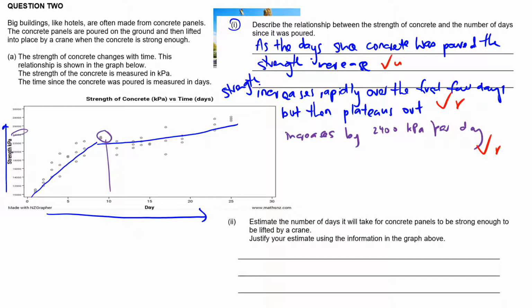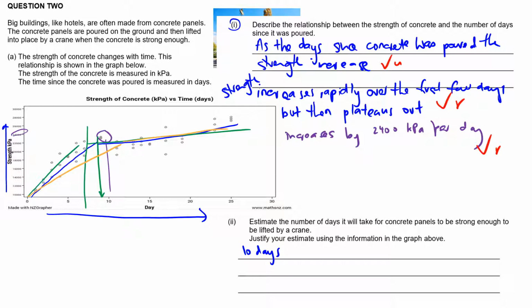Second one, when estimating the number of days, what they wanted you to discuss was when does it start to plateau out, and that's up to your interpretation though. So I've drawn one there in blue saying it plateaus out around about day 9. You could have said it plateaus out sort of in here, or over here. So really for that answer we wanted roughly 10 days.